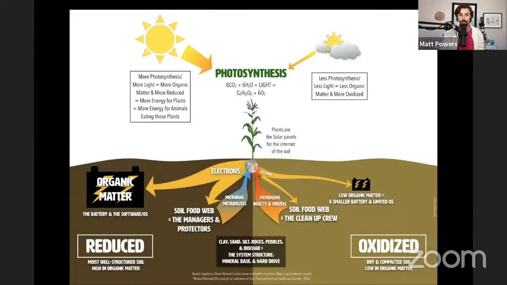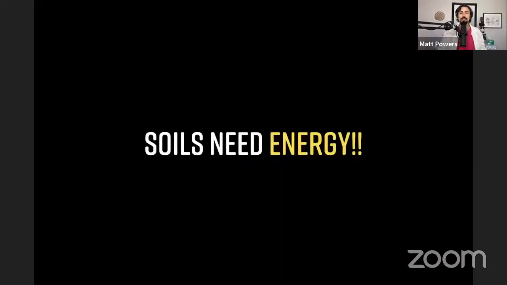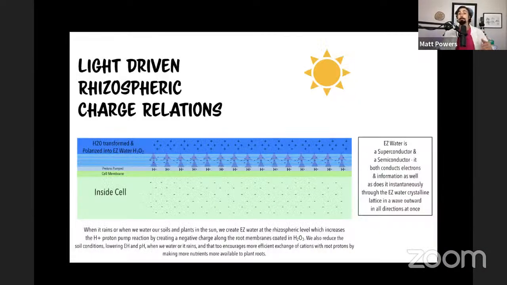And it's the energy. Remember, we're drawing down that energy. Let's get into that, because soils need the energy from the sun. And they don't need it banging on them like in the desert on bare soil.